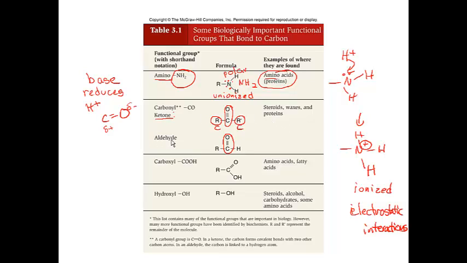Now an aldehyde is different, also carbohydrates. Oh, we got to put that on there. Carbohydrates can be called ketoses. Ose means sugar. The C double bond O, the carbonyl, is in the ketone form.